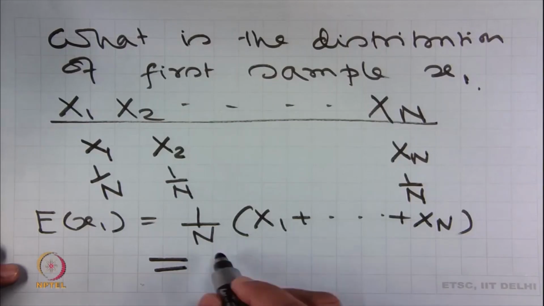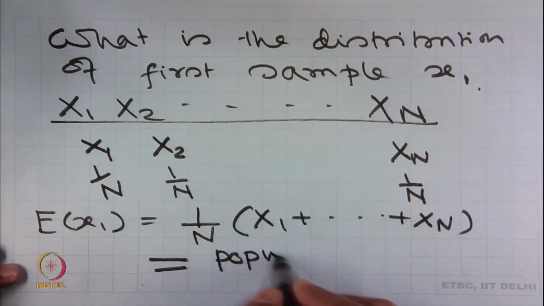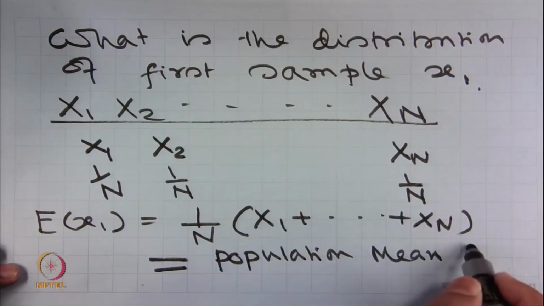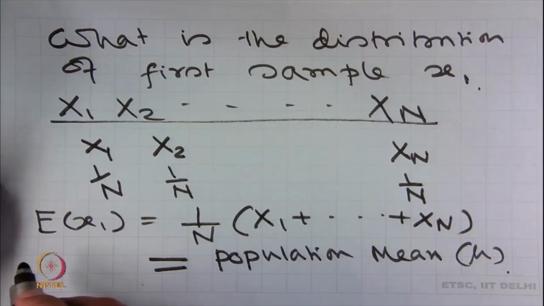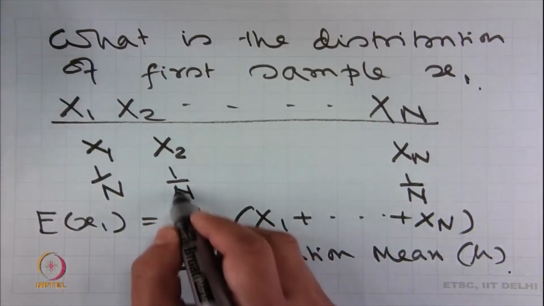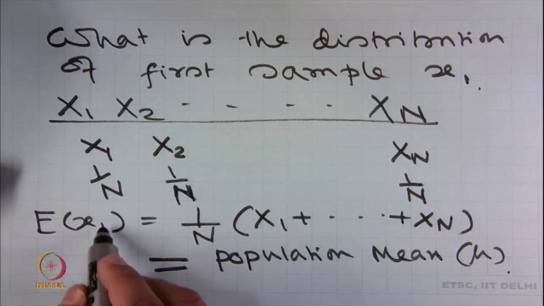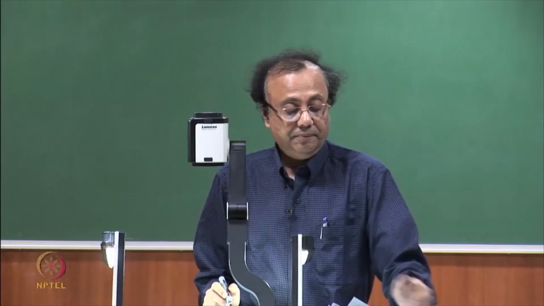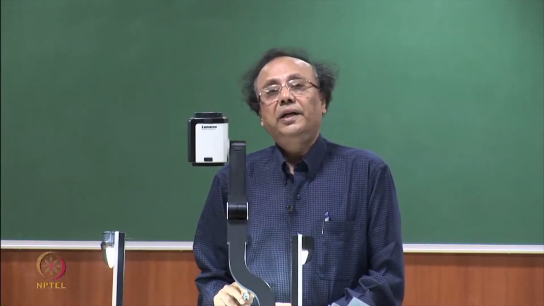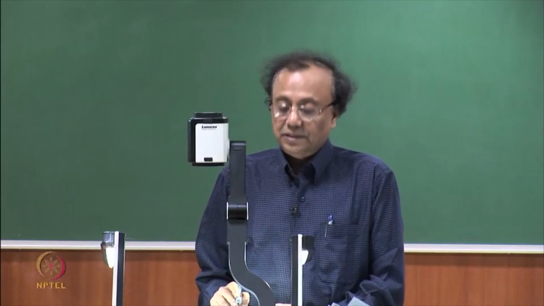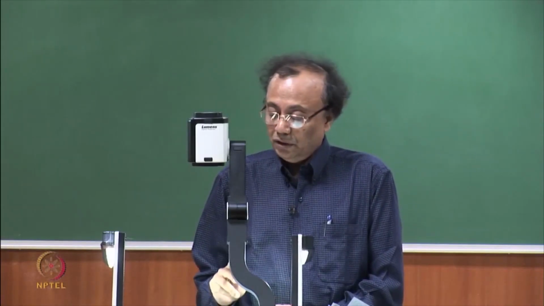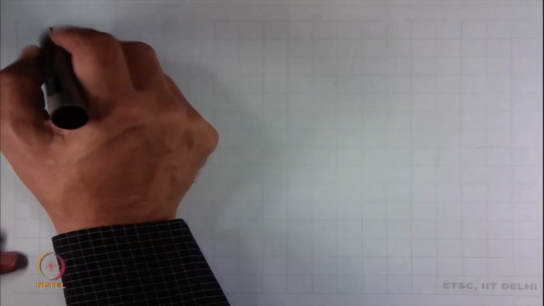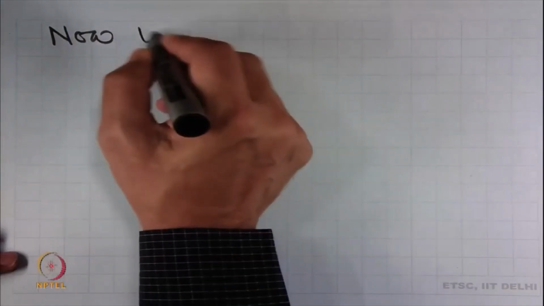Which is equal to the population mean. Let us denote it by mu. Therefore, the first sample has expected value equal to population mean, irrespective of whether it is with replacement or without replacement.